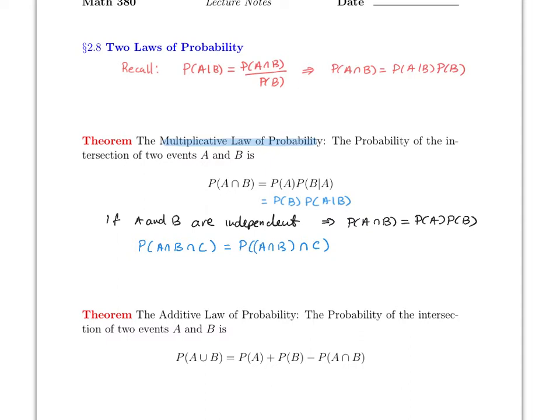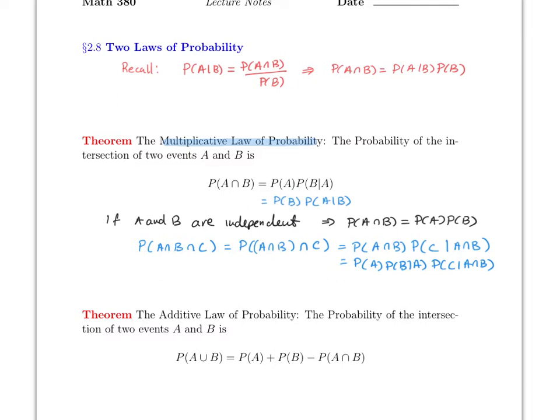This equals the probability that A and B happen times the probability that C happens given that A and B already happened. And then this part you can break down using the formula. So this will be the probability that A happens times the probability that B happens given that A already happened, and so forth.